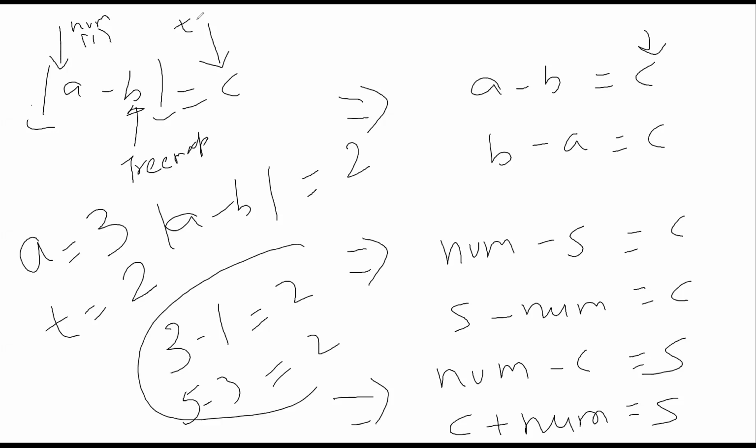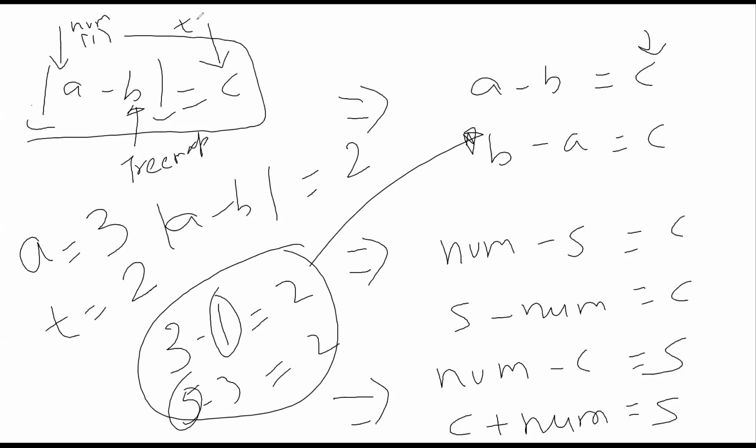Can we now relate this to something like this one? Any value between this and this, if you take any value between these two, you will get this equation satisfied. Let's take 2: 3 minus 2, mod, is equal to 1.